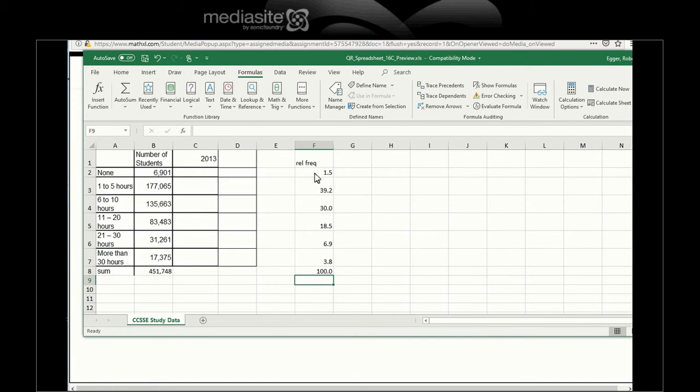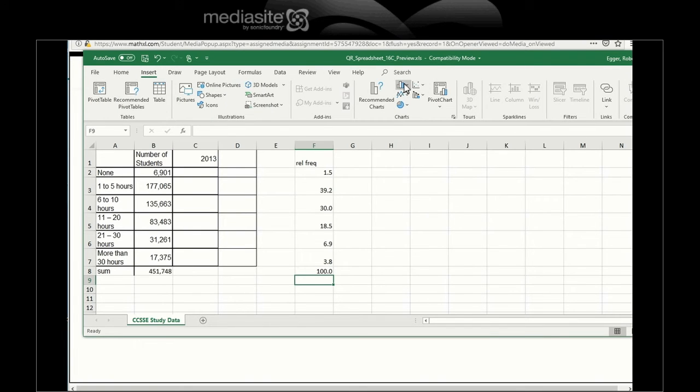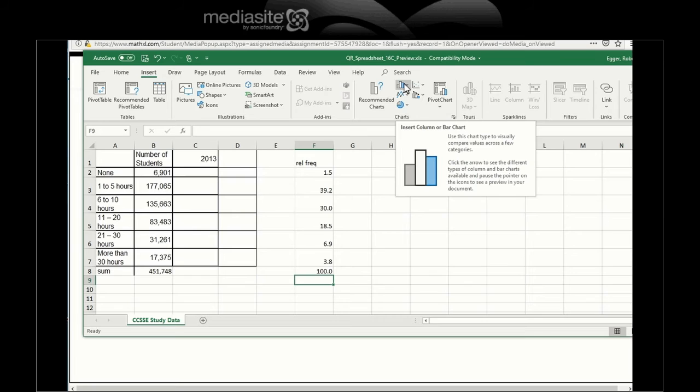Okay, so we have our relative frequency here. So create a column graph. We're going to be using right here, insert column or bar chart.